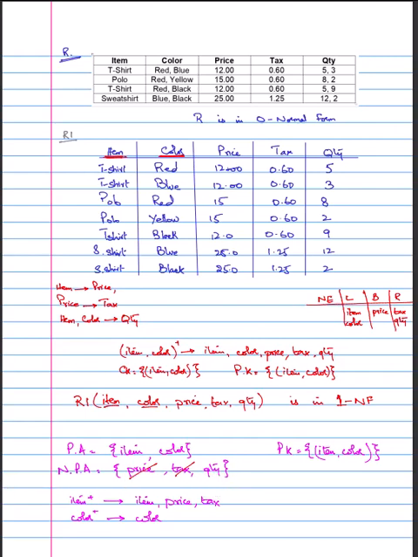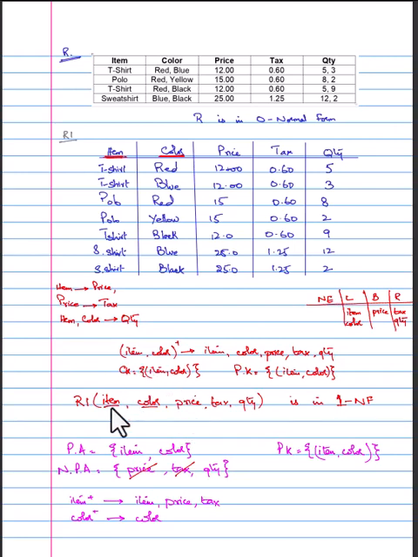Now look at whether this relation is in second normal form or not. You will think about it, but for me it is not in second normal form. Why? Because of the partial dependency.